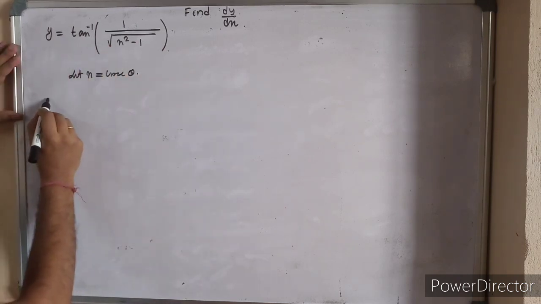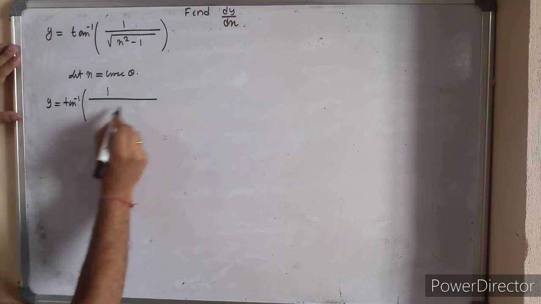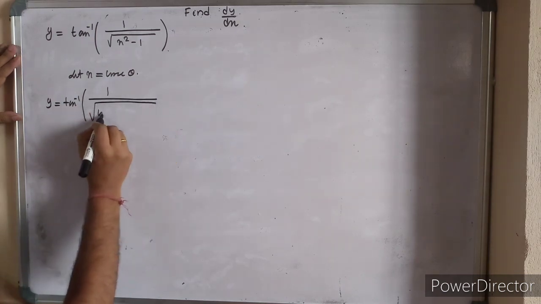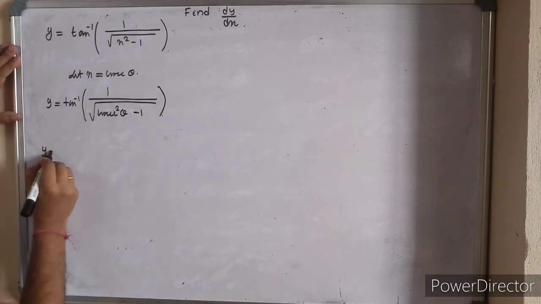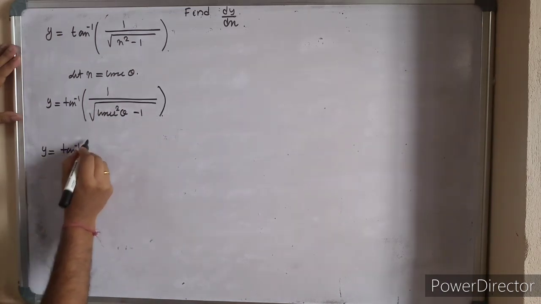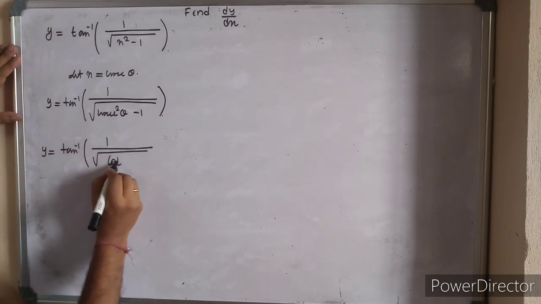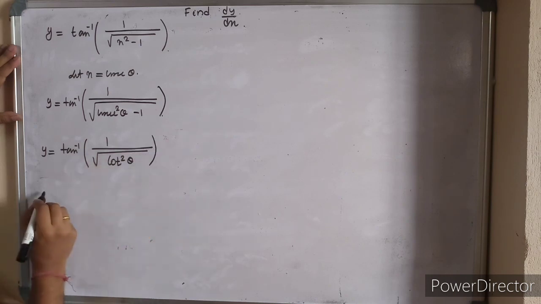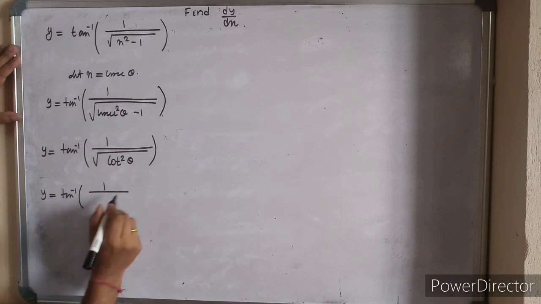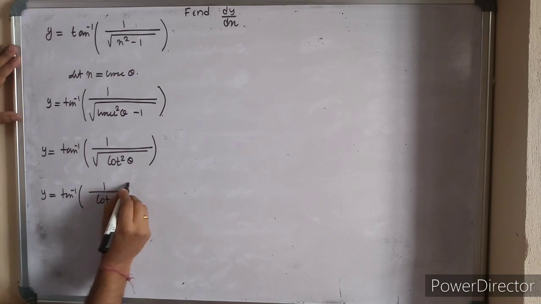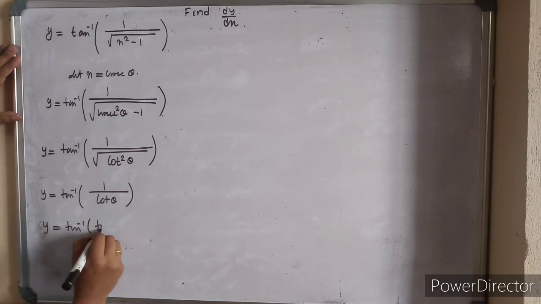Then I'll substitute: y equals tan inverse of 1 by under root cosec square theta minus 1. By the formula, cosec square theta minus 1 is cot square theta. Y equals tan inverse of, the root and square get cancelled, it is cot theta. 1 by cot is tan theta.